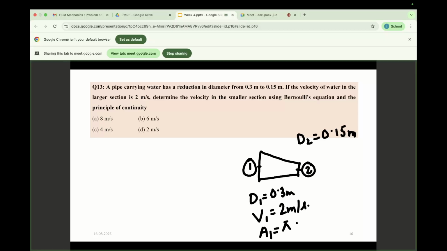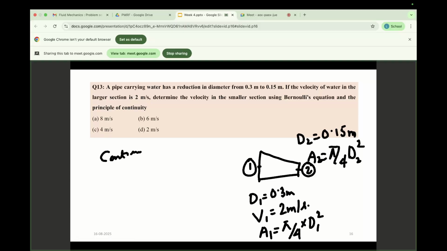Area A1 is pi by 4 into D1 square. Similarly, A2 is pi by 4 D2 square. I am applying the continuity equation because no details on pressure are given. I could apply Bernoulli's equation, but since these details are not given, I initially go for the continuity equation.